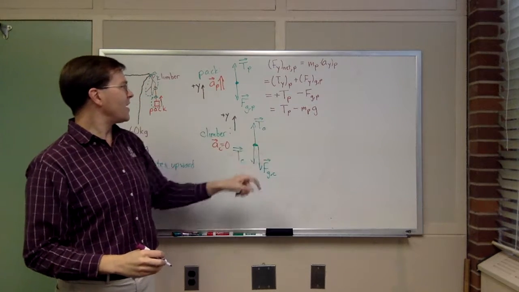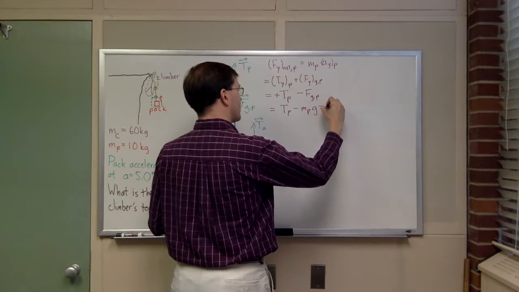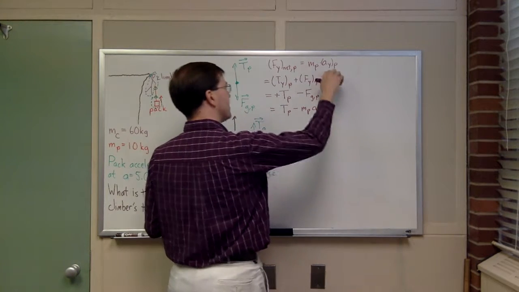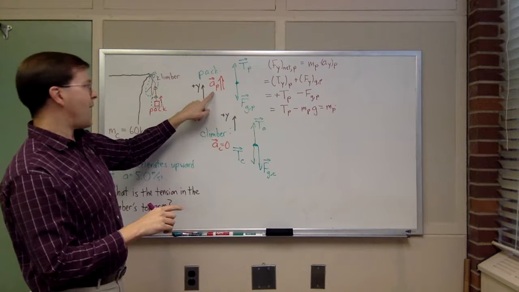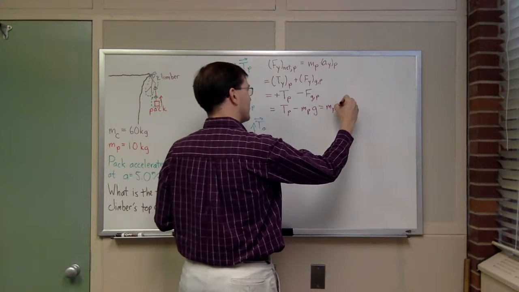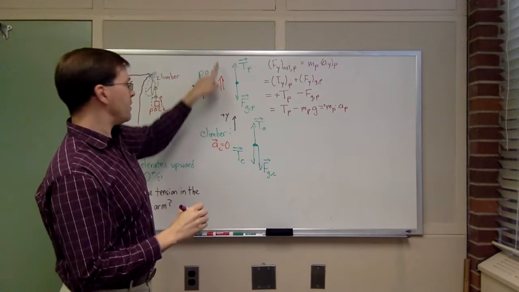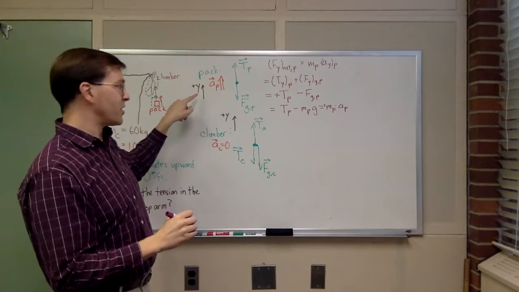So I'm set. I've got that. My right-hand side now, I can do the same kind of thing. This equals M pack times Ay, and A pack is this upward thing. A pack is positive, since it's in the upward direction, which is my positive direction that I chose.